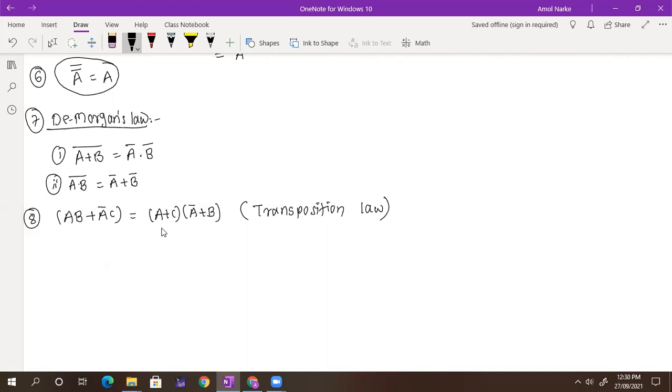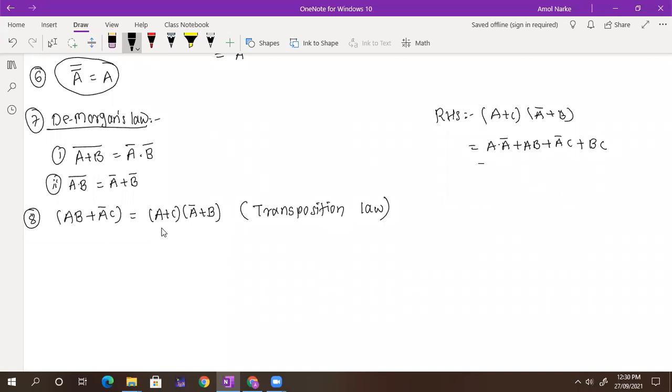First we need to multiply the brackets. Yes, we can do that. So A plus C, first A into A bar. What is A into A bar? Yes, I write down 0. A into A bar. Then what is next? Then AB, plus A bar C, plus BC.